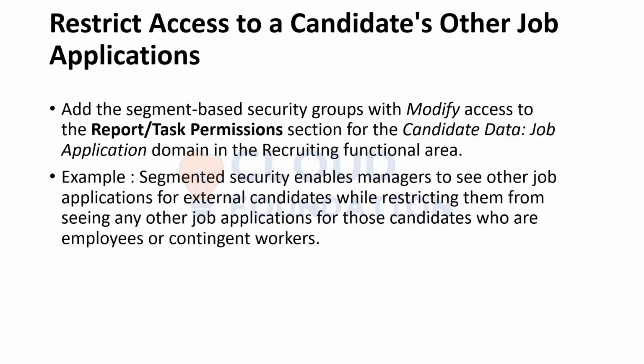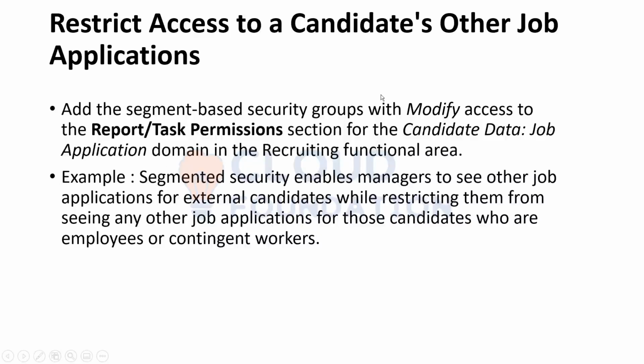So in order to execute that feature, how we do it? We open the candidate data job application domain first. We go to the policy, to the domain policy of this domain, and then we add our segment-based security groups.